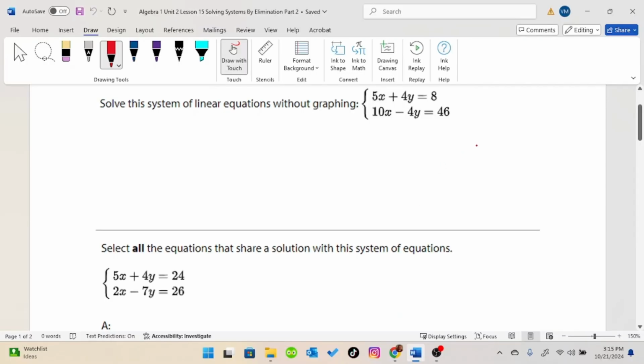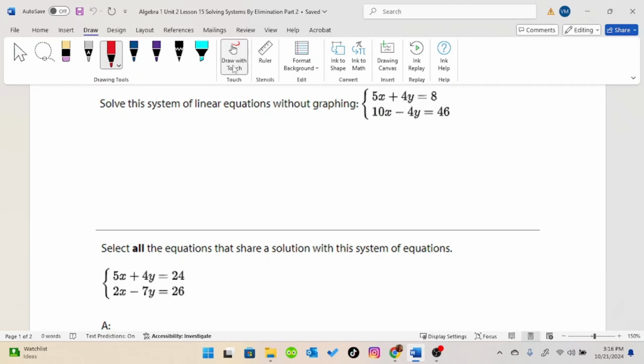Now we can start the Lesson 15 practice problems. Our first problem wants us to solve the system of linear equations without graphing. Because this lesson is specifically about solving systems by elimination, that is the method we will use.